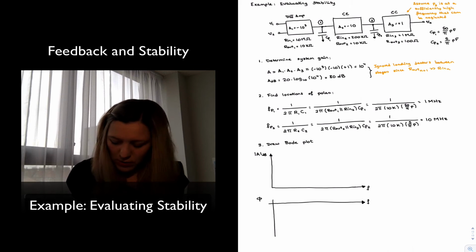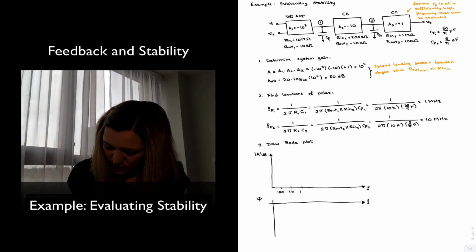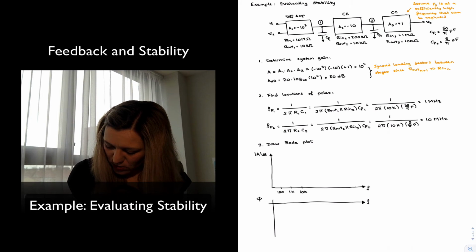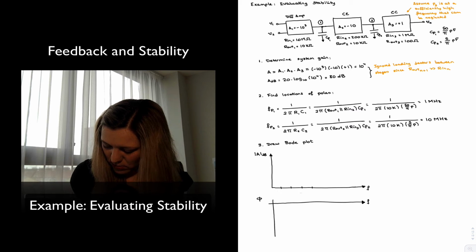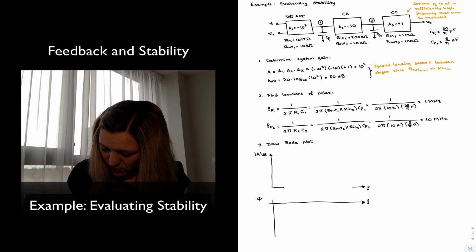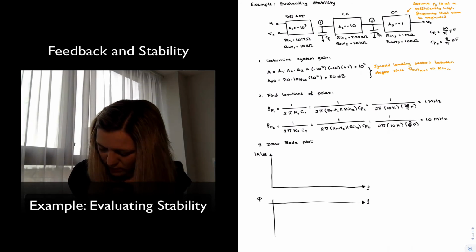And so I'm going to start counting at a frequency of 100, 1K, 10K. Remember, this is a logarithmic scale. 100K. Maybe that's a little bit too crowded. Let's expand it a little bit more so it doesn't get too crowded when we're actually drawing this.